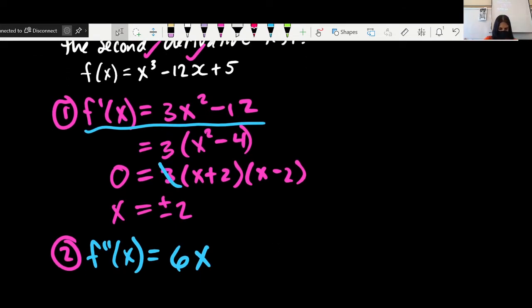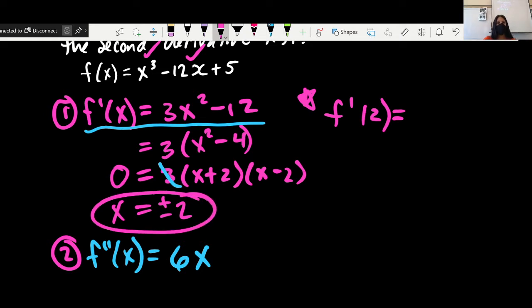Okay, so then, maybe I should do it back here. I'll go back to here for just a second. F prime of 2, because remember how we had these critical values? If I were to plug in f prime of 2, I would get that it's equal to 0.